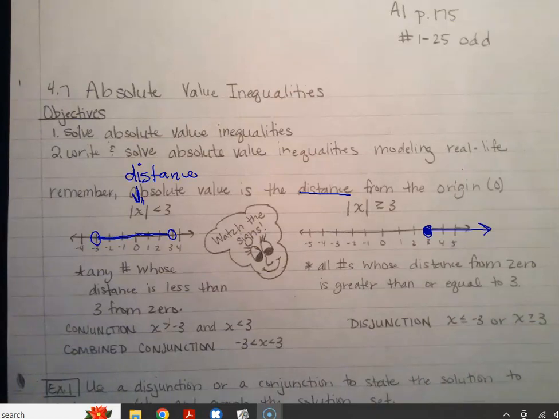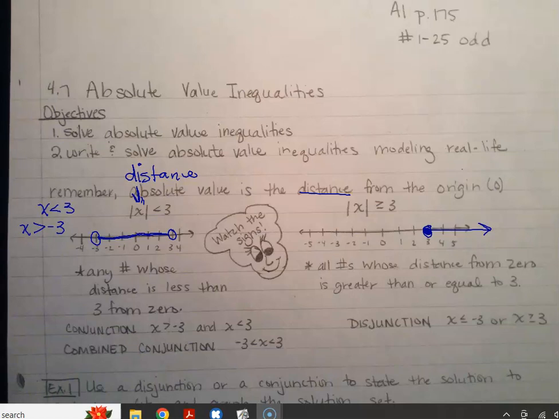But when we talk about this, again, we're looking at what number can be in here. Well, x can be less than 3, which is what we've got, or x can be greater than negative 3. What was the rule with inequalities before? When did we flip the sign? When we multiplied or divided by a negative.